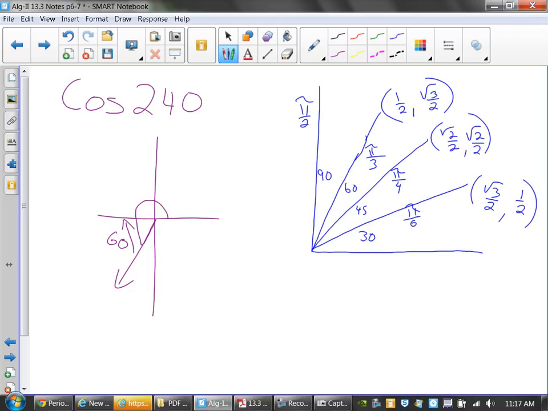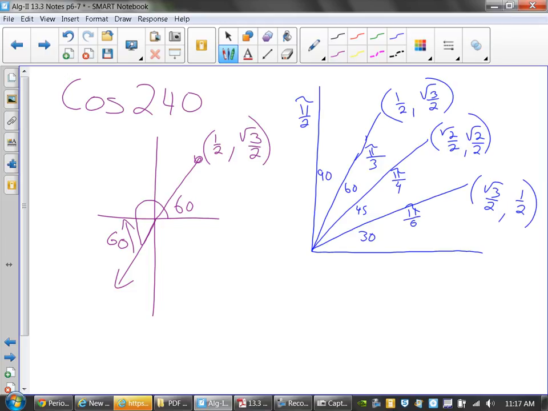Now, that means 240 degrees is going to have the exact same ordered pair as 60 degrees. If I'm up here at 60 degrees, my ordered pair, my cosine of 60 was 1 over 2. I'm sorry, yeah, adjacent over hypotenuse. It's 1/2. My sine value is root 3 over 2, just going back to the right triangle.